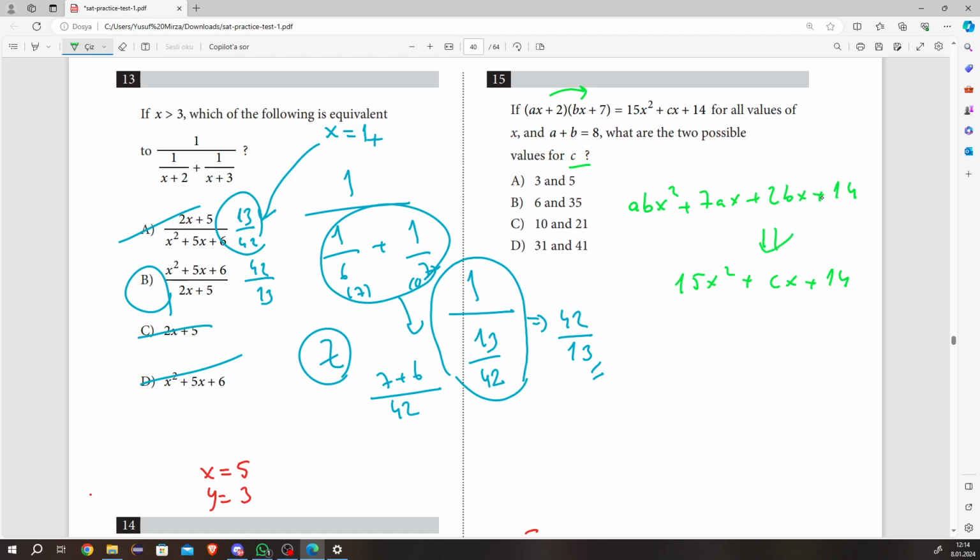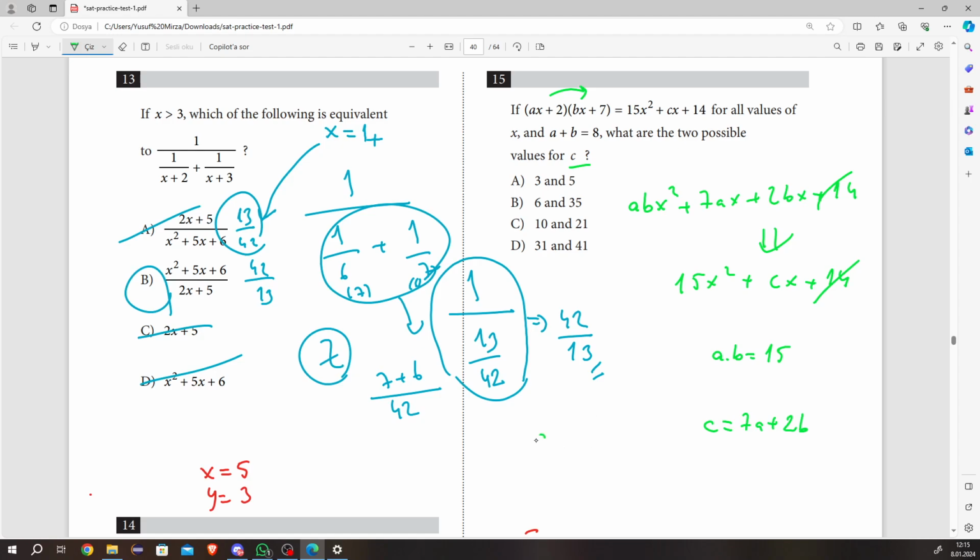So let's see. A multiply B is 15. C is 7A plus 2B, and these are done.